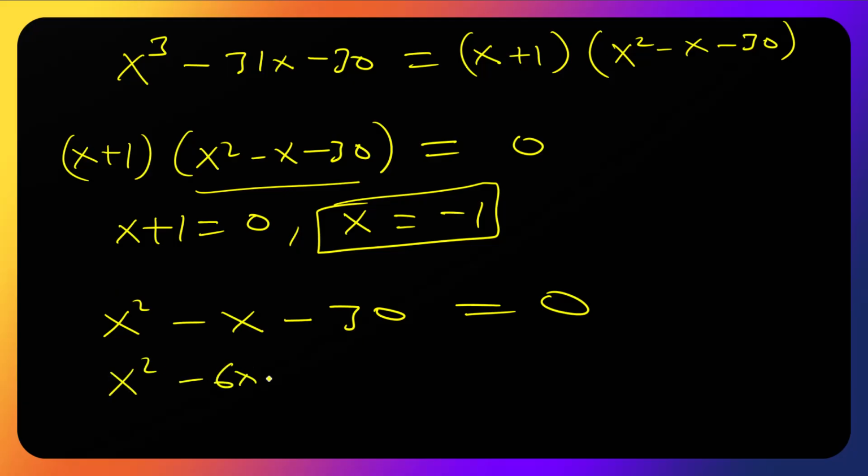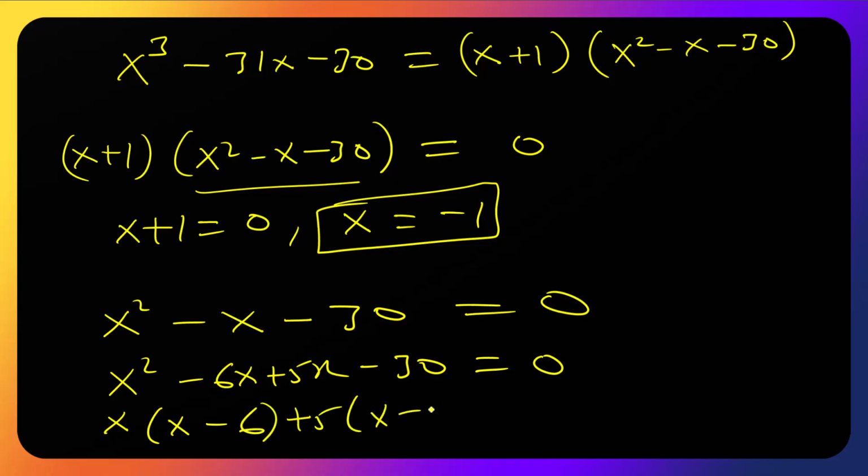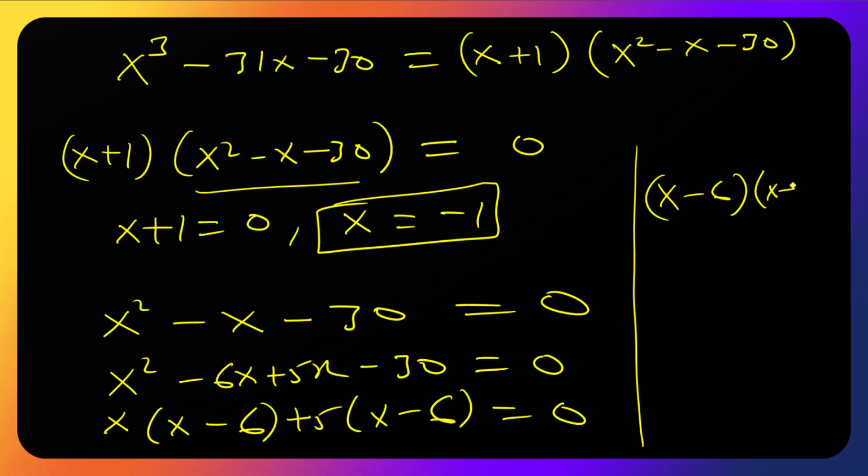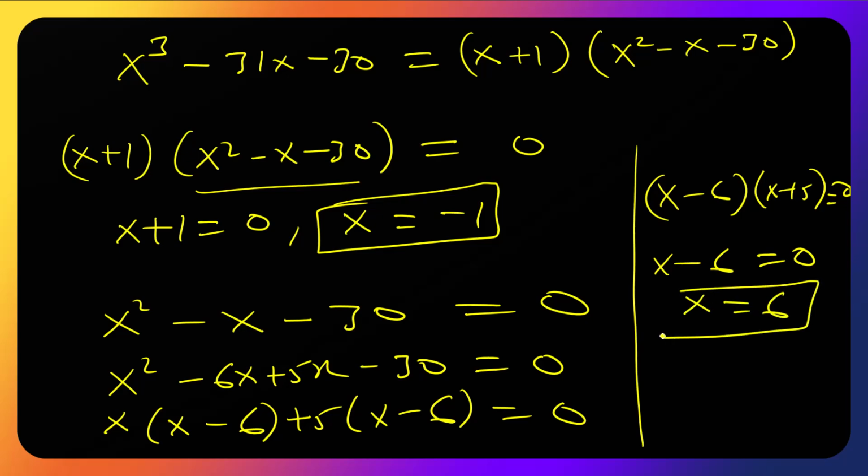Minus 6x plus 5x minus 30 equals 0. x out, x minus 6, plus 5 out, x minus 6 equals 0. So we have x minus 6 and x plus 5 equals 0. So x minus 6 equals 0, where x equals 6, and x plus 5 equals 0, x equals minus 5.